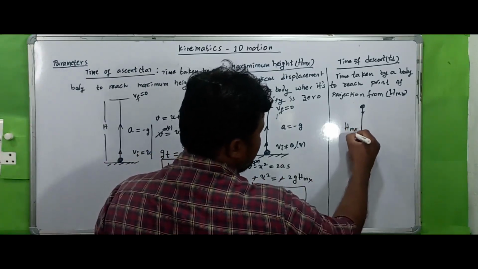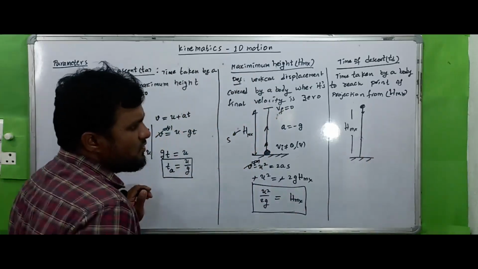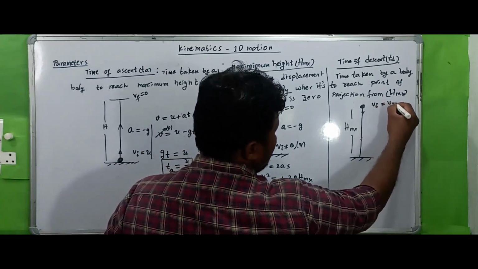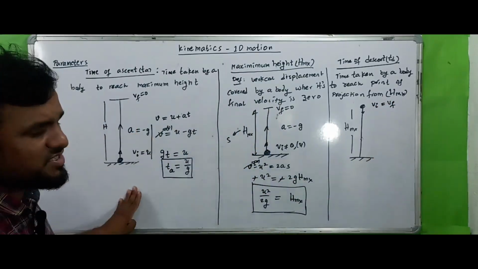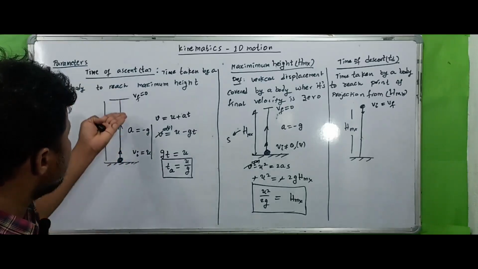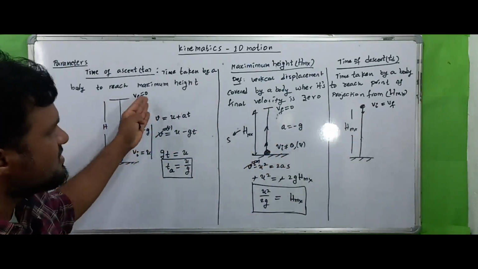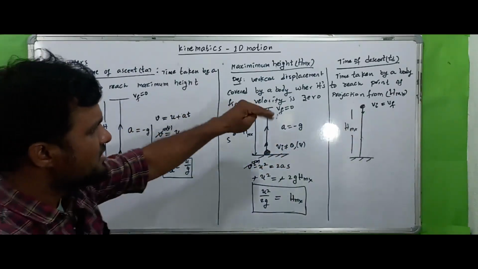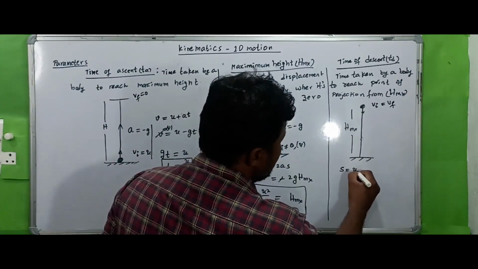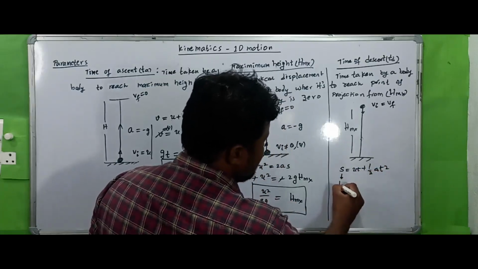h maximum. Here we can observe the initial velocity of the body is nothing but the final velocity of the previous situation, final velocity 0. Time of descent. To derive it, I will use the formula s is equal to ut plus half at square, where s is h maximum.